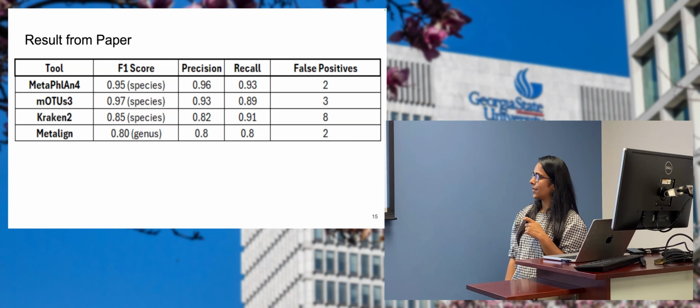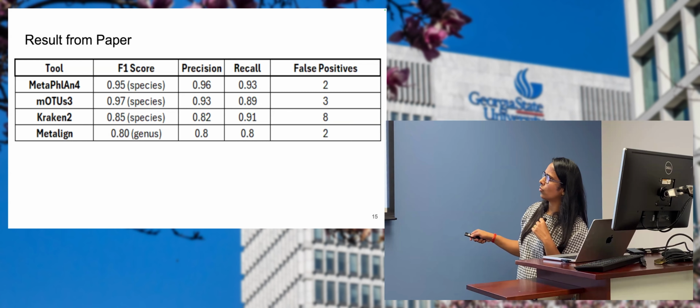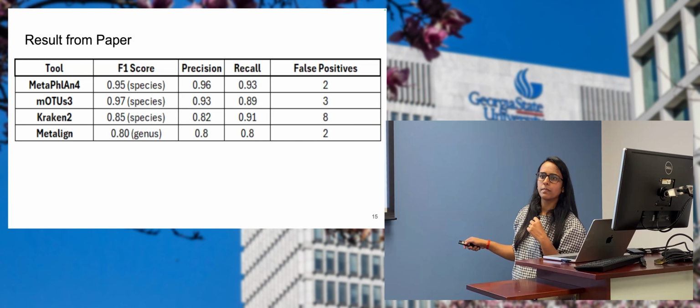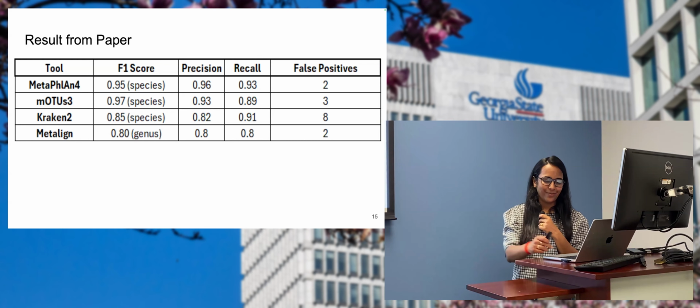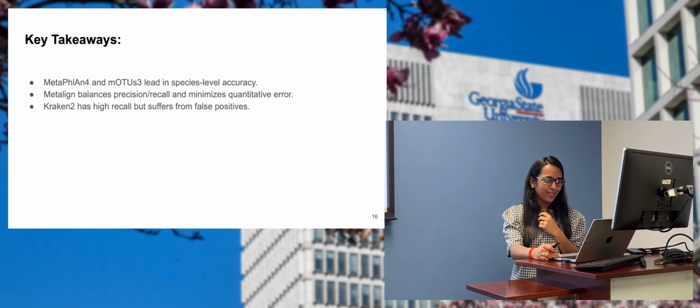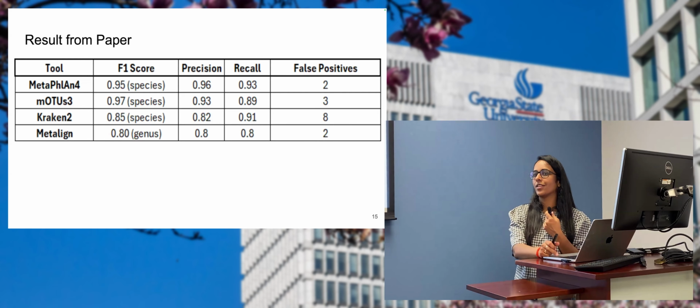Okay. Is this copied from the paper or your result? Yeah, it's from the paper. Which one? Oh, I think I used MetaPhlAn 3. Okay, I can use all of them on genus level as well.